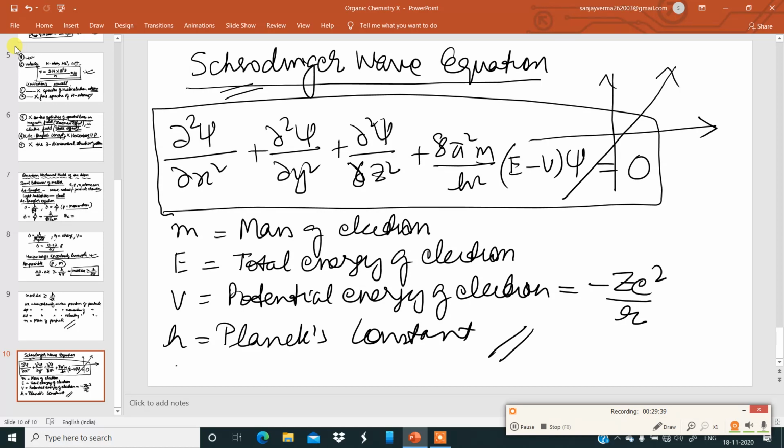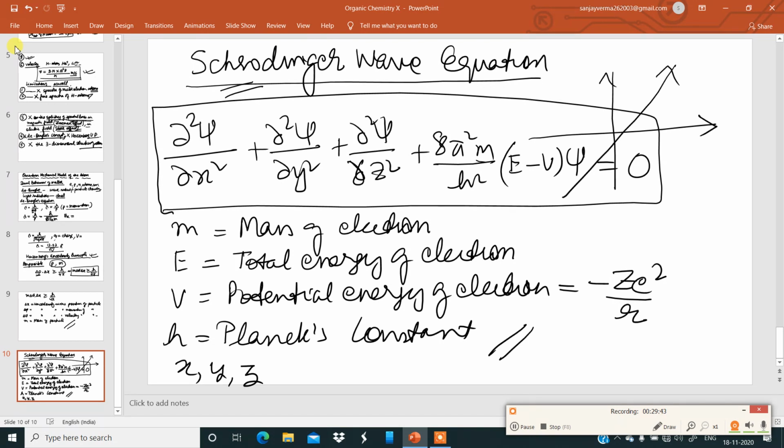And small x, small y, small z, what are these? These are Cartesian coordinates, that means the coordinates of the x plane, y plane, and z plane.